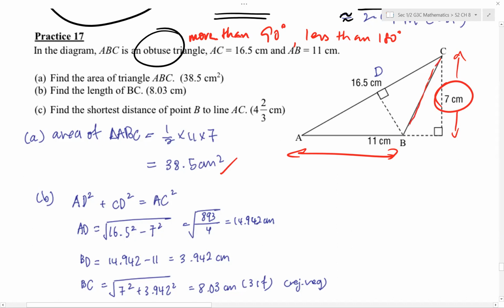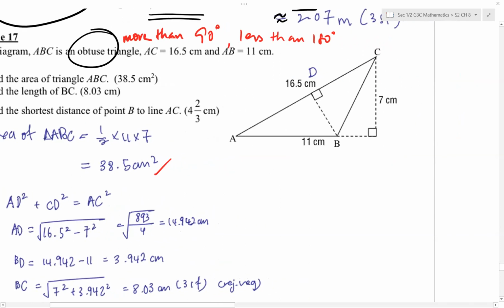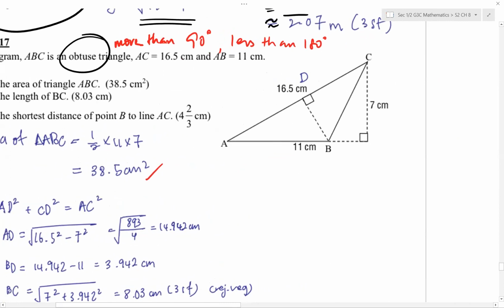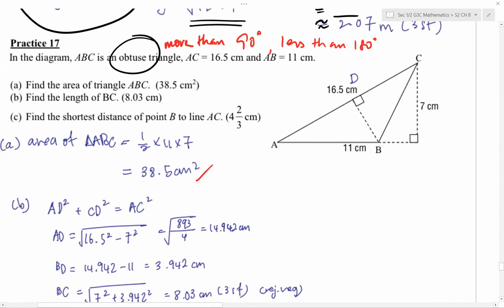BC over here. How to find that length? Honestly, that was the first time I was looking at this question. Didn't prepare the lesson beforehand. But I know that I always must find right angle triangles. I've got the area, that might not be useful.